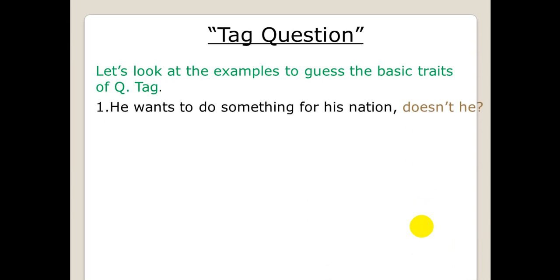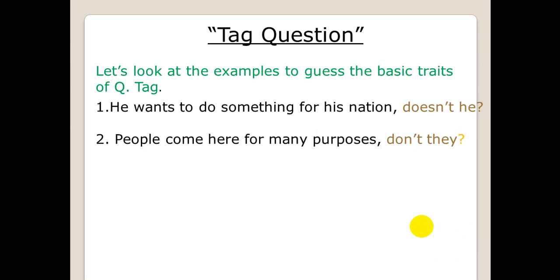He wants to do something for his nation, doesn't he? People come here for many purposes, don't they? So look at the underlined sentences. And next, look at the tag questions.